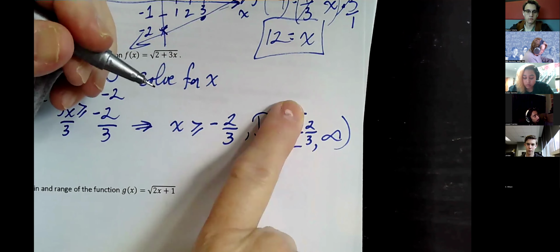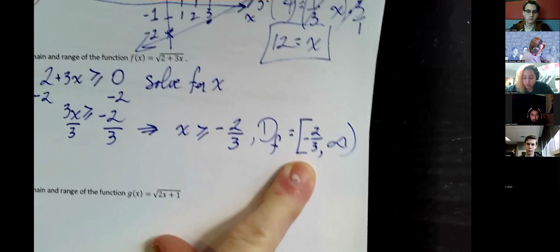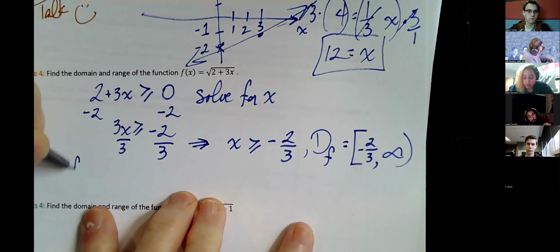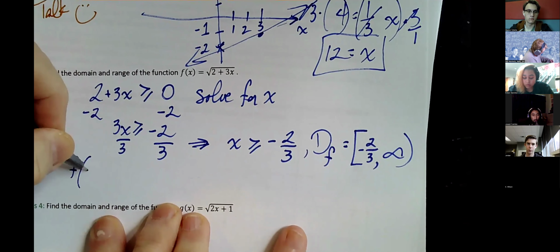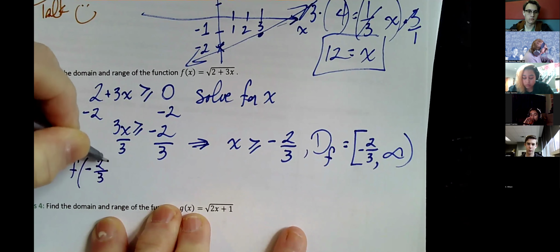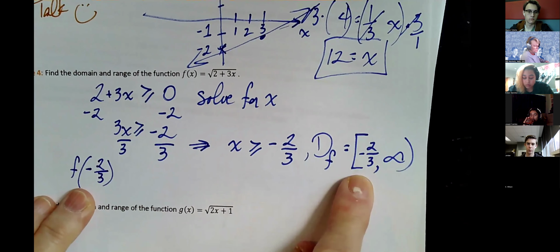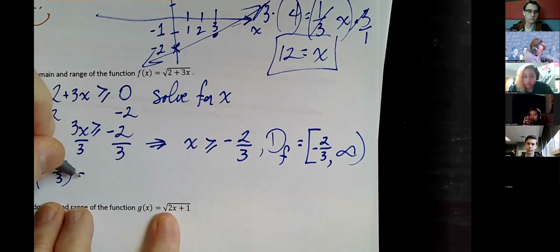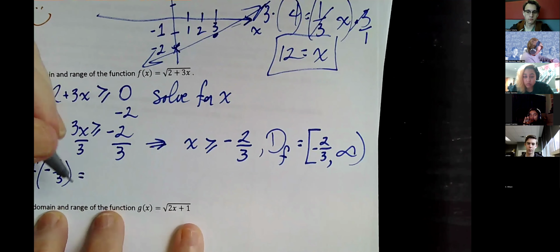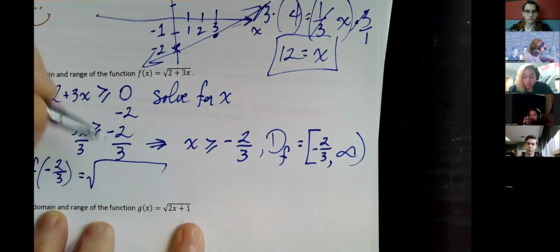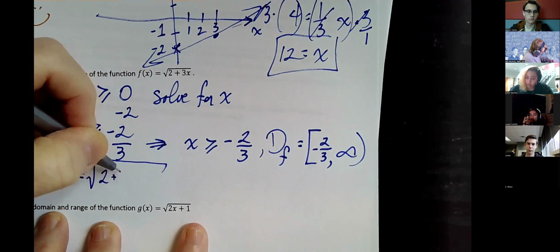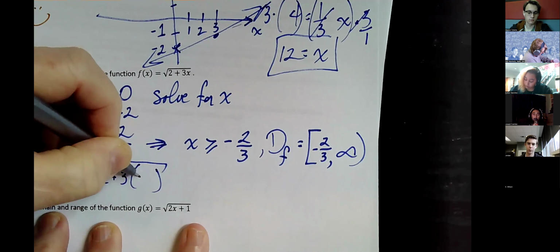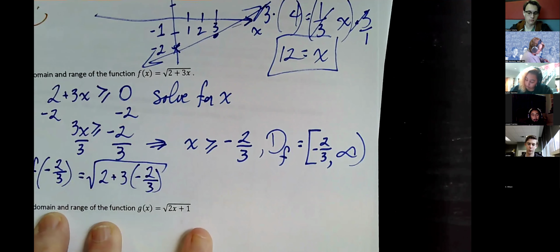Okay. When we put in, let's just look at something. F of negative 2/3. So we're going to plug in this lowest value. That gives us 2 plus 3 times negative 2/3.